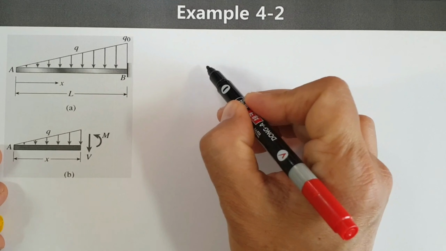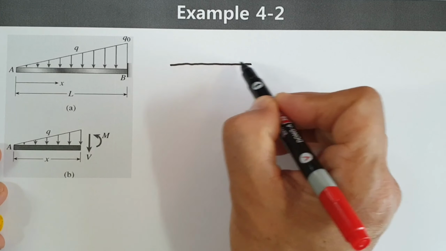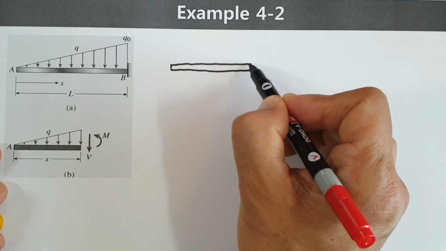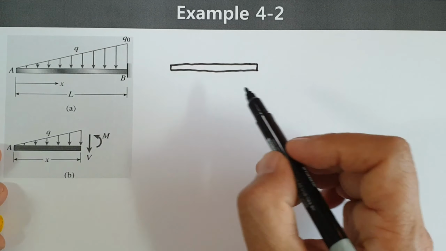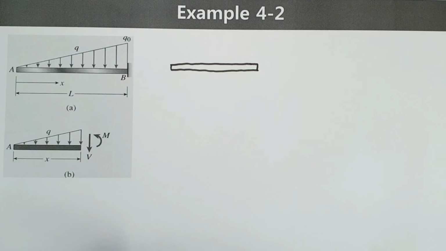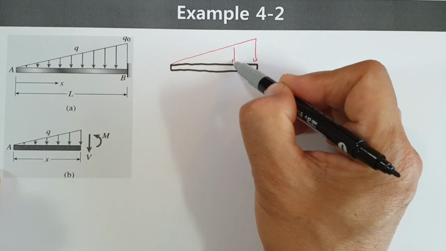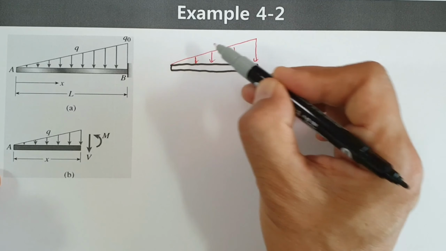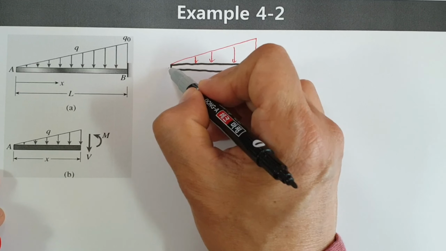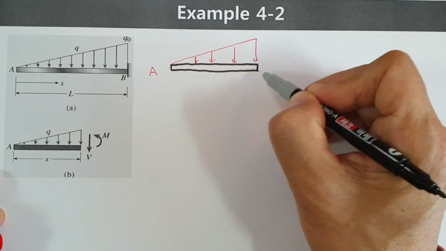You can introduce a beam, and the external force is given this amount. Of course, on the left side is A and this point is B.